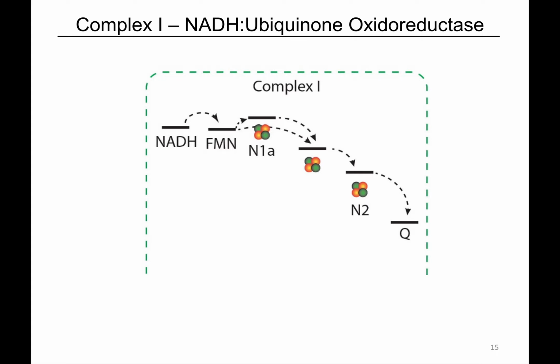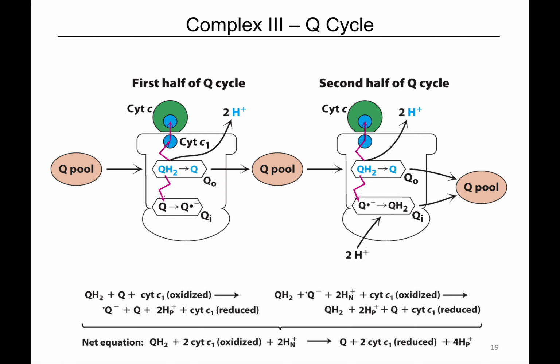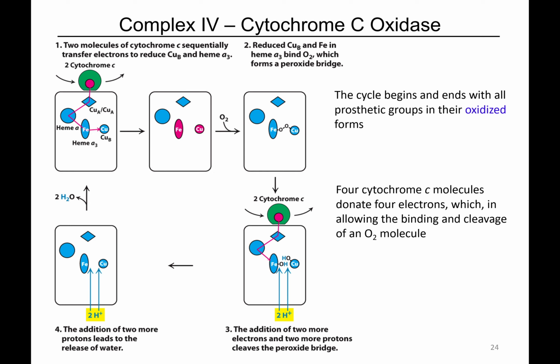Moving electrons from NADH to flavin is a little bit favorable. Moving it down the iron sulfur cluster chain is favorable each step of the way, ultimately down to coenzyme Q. This is a spontaneous process that ultimately leads to the production of proton pumping.